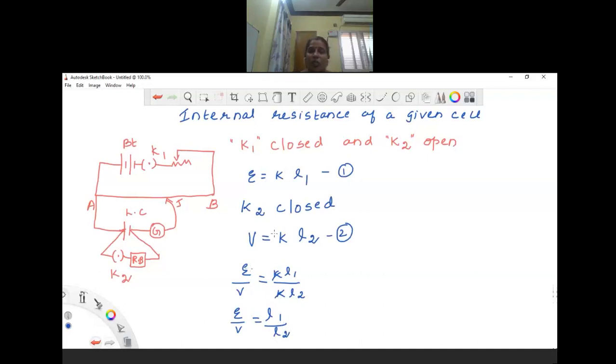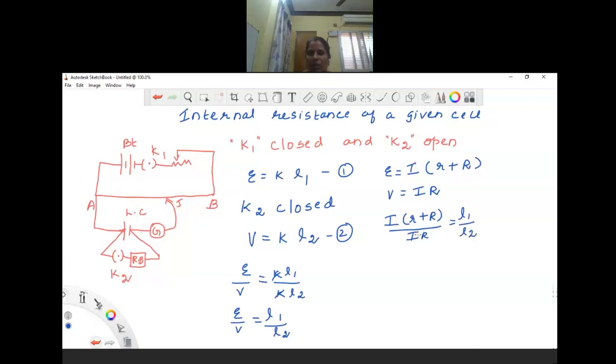Hope all of you remember, E is equal to I into R plus r. And again from Ohm's law, V is equal to IR. So I into R plus r divided by IR is equal to L1 by L2.